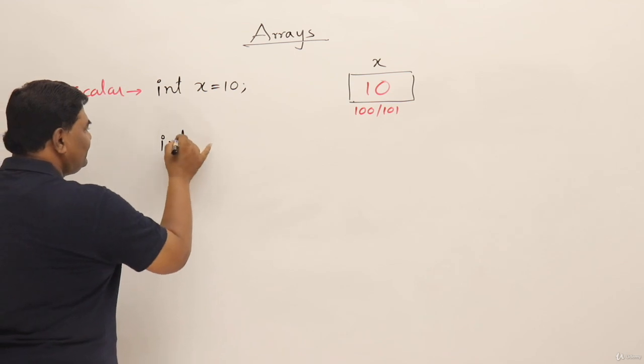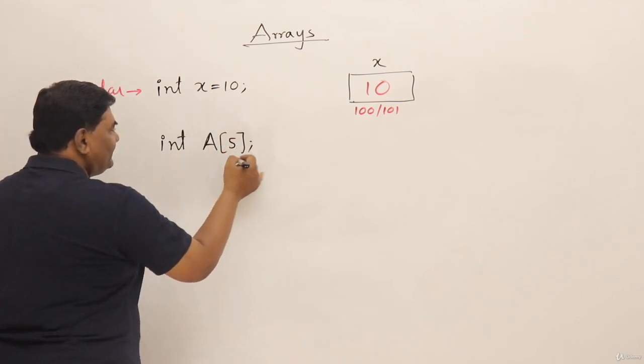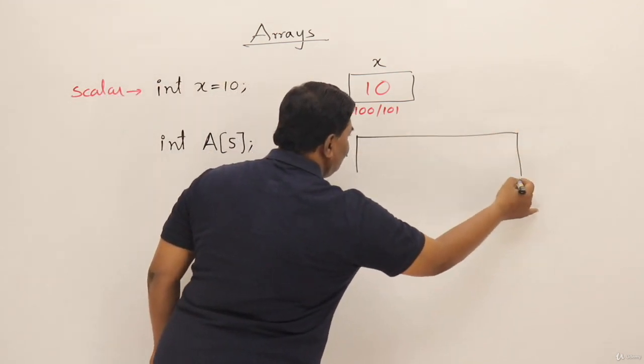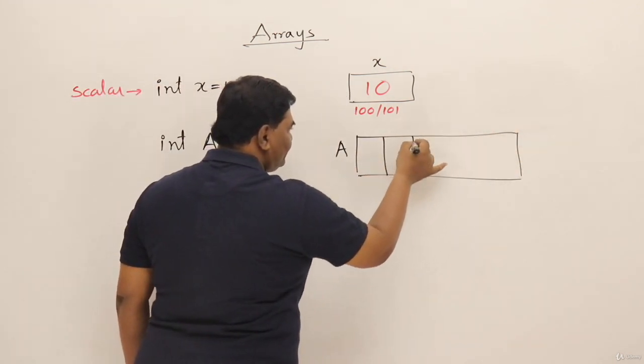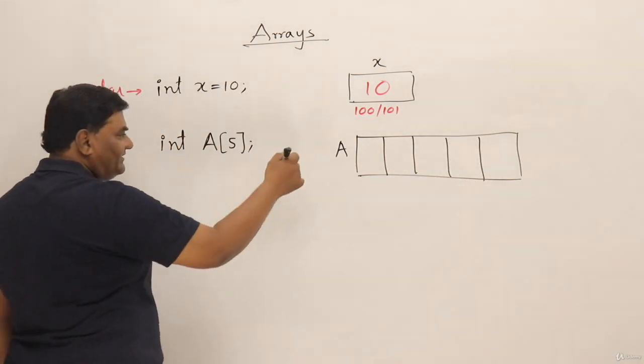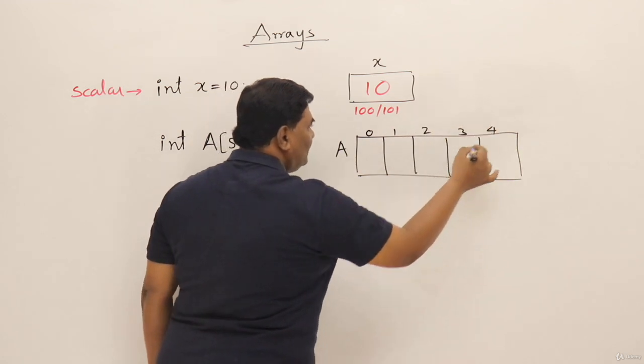Let us say integer type array I want, the name is A and the size is 5. So this will give me an array of size 5 where I can store 5 integers, and the indices are 0, 1, 2, 3, 4.